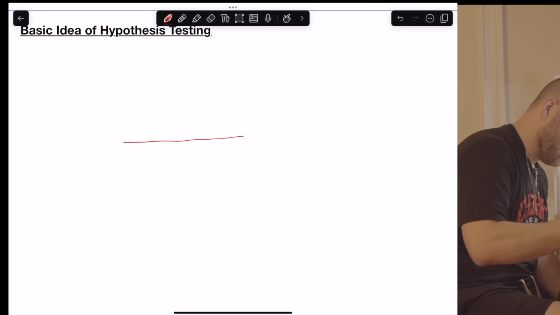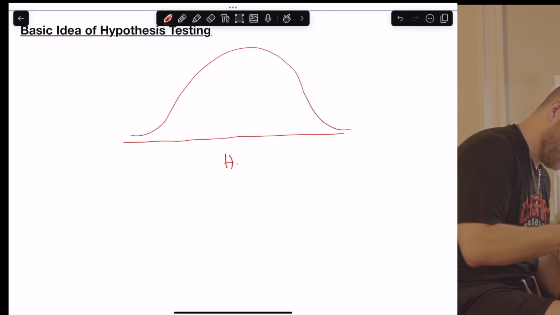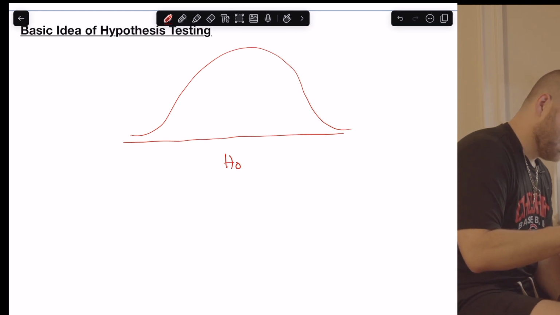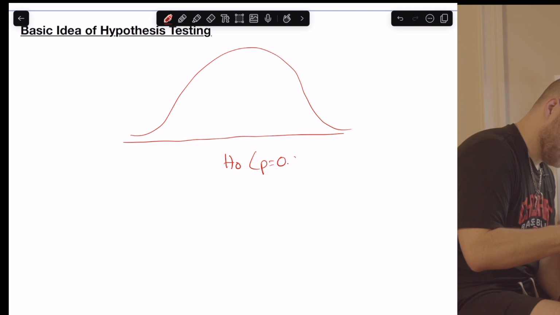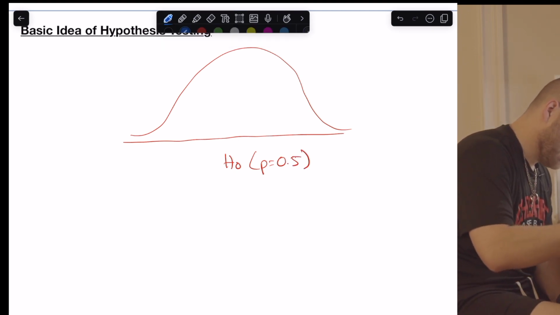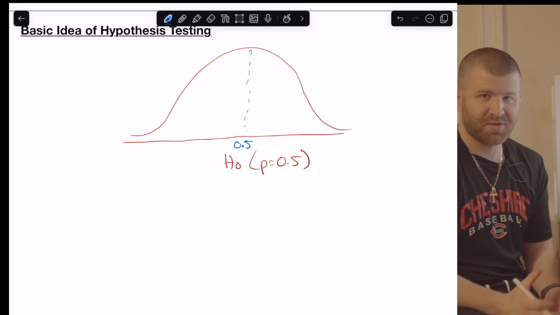We have the distribution, pretend that this is a good picture, of our null hypothesis, right? So let's say, for the sake of this, this is p equals 0.5. So right in the middle here, I have 0.5 as my null hypothesis.